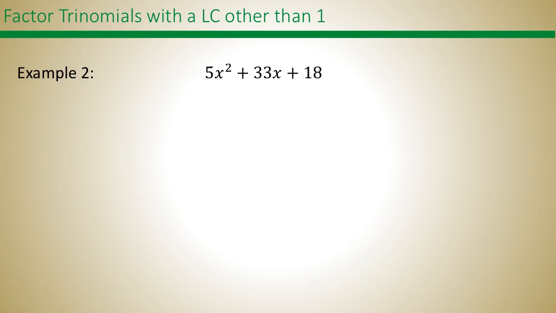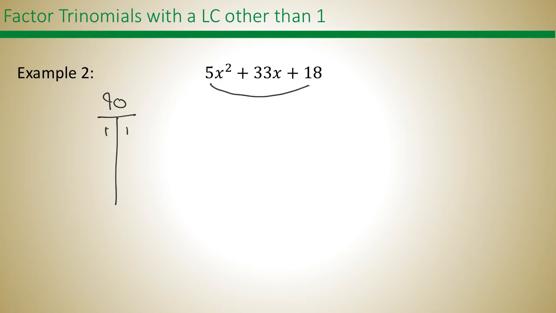Next example. There's not a common factor again, so we're going to start by multiplying 5 and 18 together, and that's going to be 90. I want factors of 90 that add to make 33.